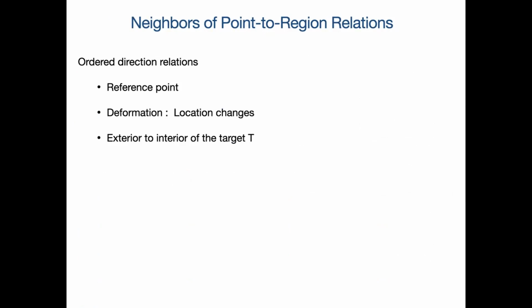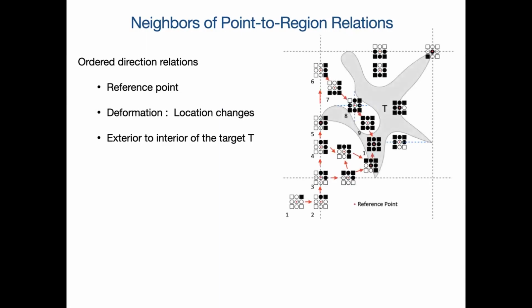These 22 atomic relations need to be organized. Where is each one? How are they connected? These are the kinds of things we try to identify, and the reference point applies deformations. Deformation means we change the location over the exterior of the space, and while changing the locations, we look at how these direction variations go.